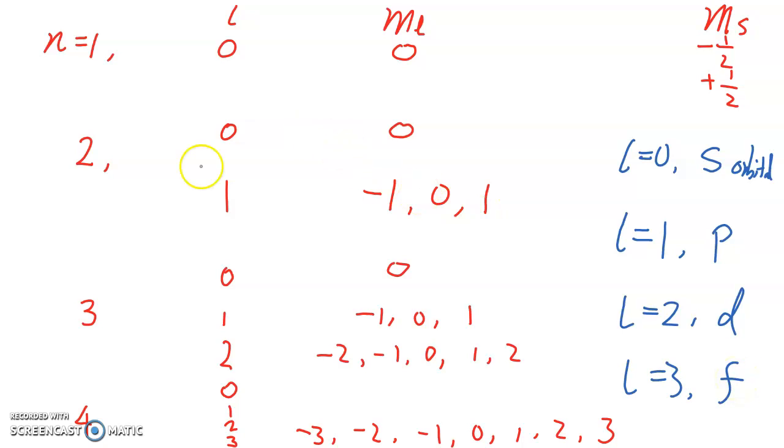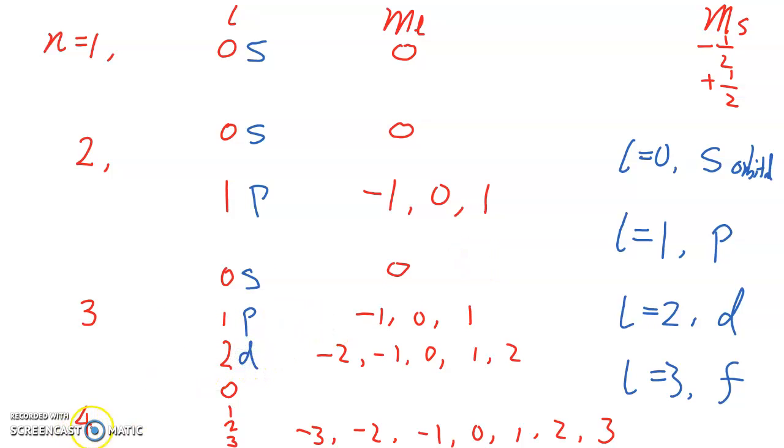Let's see. When n equal to 1, I can only have an s orbital because I only have the 0 over here. When n equal to 2, I can have an s orbital and a p orbital. When n equal to 3, I can have s orbital, p orbital, and d orbital.